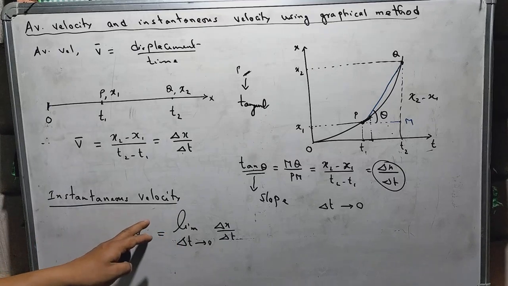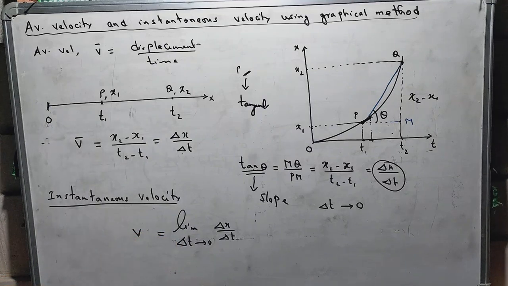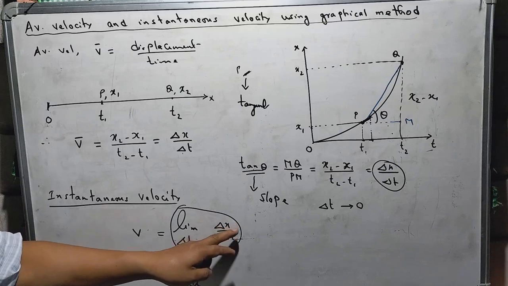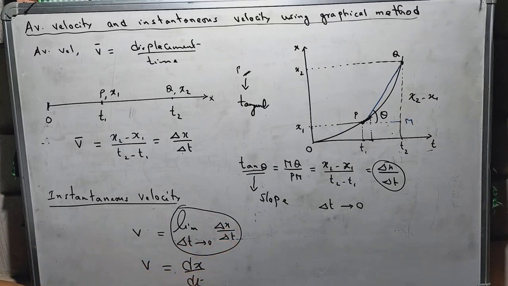For that instantaneous velocity we write the symbol v. For this limit, I will write it as dx upon dt. So when delta t is very small, delta x upon delta t becomes dx upon dt.